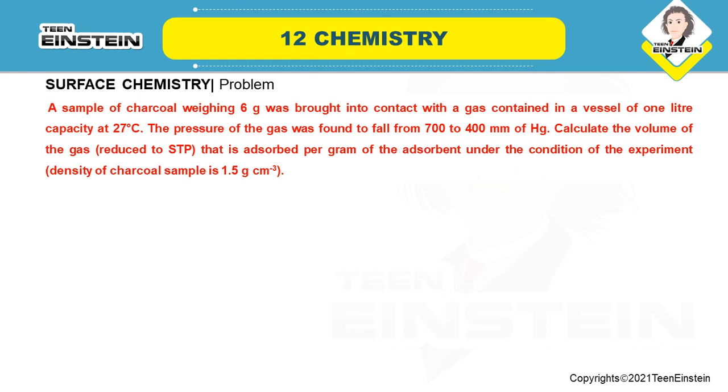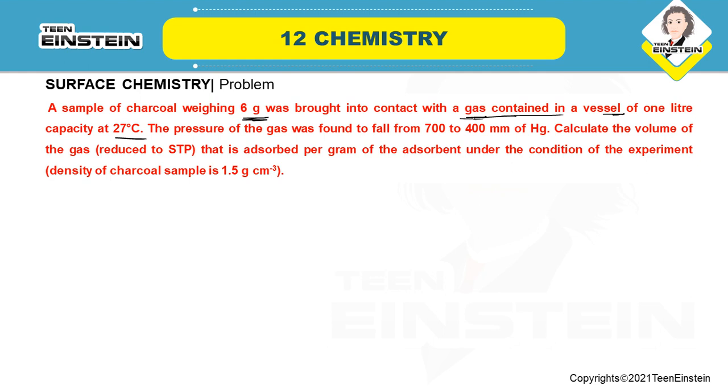Here we have a problem. A sample of charcoal having weight 6 gram is brought in contact with a gas which is present in a 1 liter vessel. That is the capacity of the vessel. Temperature 27 degrees centigrade. Now charcoal, we know it has a capacity to act as adsorbent, so it can adsorb this gas.